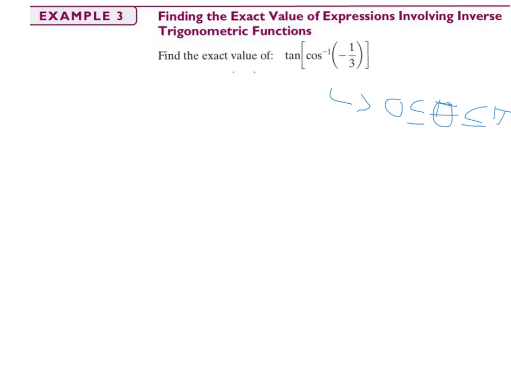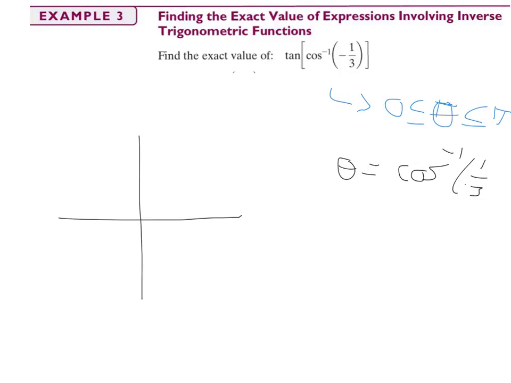Since it's negative 1/3, let's get this in terms of just cosine first before we move on. If we take the cosine of both sides, we have cosine of theta is equal to negative 1/3.